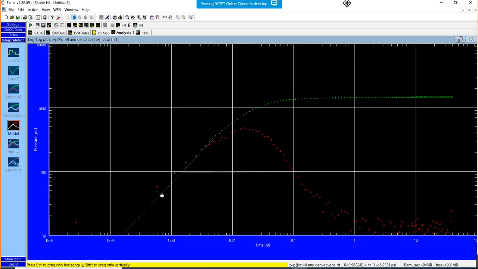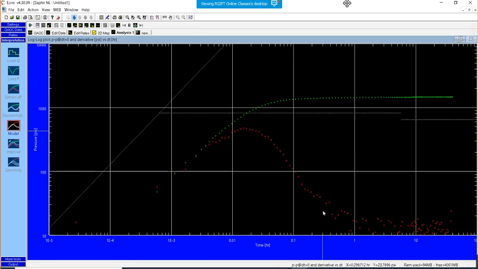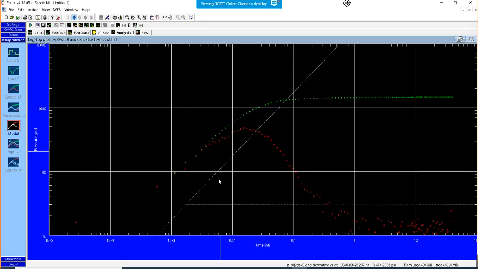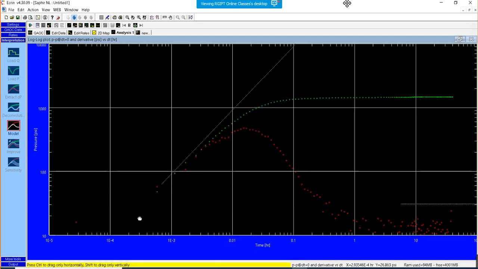So from the graph, it seems that there is wellbore storage here. Okay. So this line is giving me the unit slope line. So it seems that there is wellbore storage in this zone. And again, it also seems that after some time, IRF will also come here.